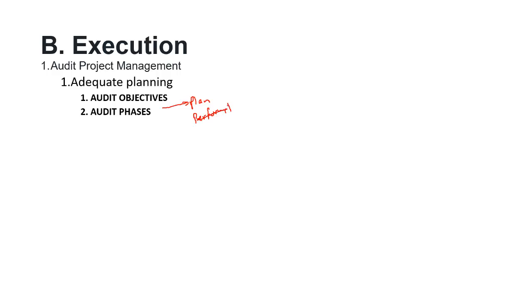The second is define. The third step is perform. And the fourth step is report the results. So in summary, audit phases are split into 4 phases: planning, define, perform, and report the results.